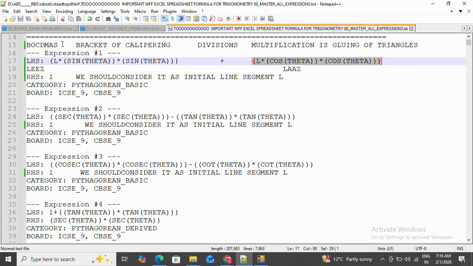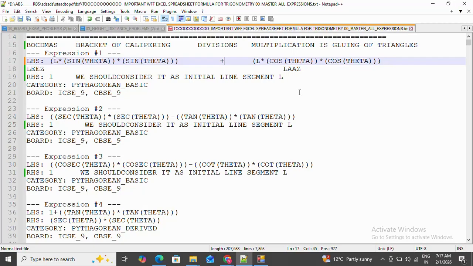That means L star sine theta will generate 16 types of symmetries on the 2D Euclidean plane, and we will get 16 tracing papers for these. Similarly, for L star cos theta, we will get 16 different other symmetries, and all of these 32 symmetries are superimposed one above another, and then we will check whether this plus is addable or not.